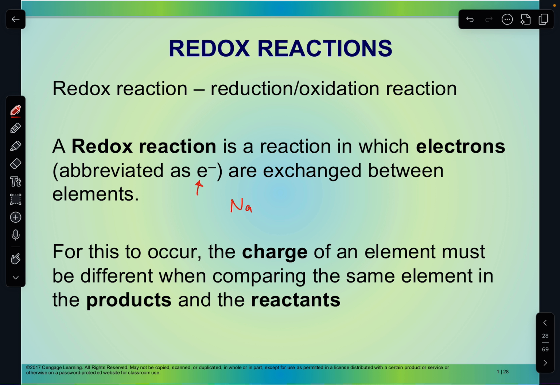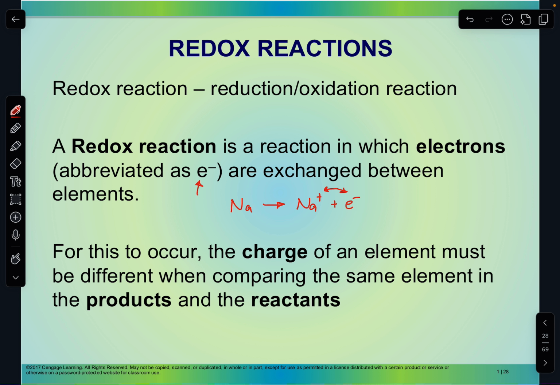So for example, Na, which you're about to see, Na going to Na plus, we can use this as a reagent or as a product in this case. So electron, there we go. That way the charges are going to balance. Charges must be balanced on both sides of the equations every single time.